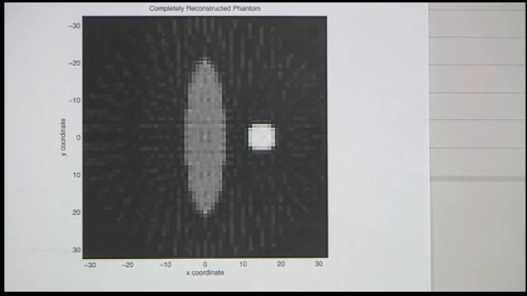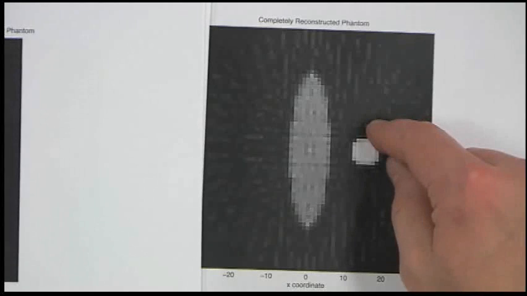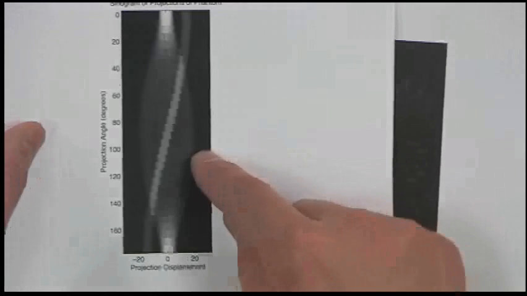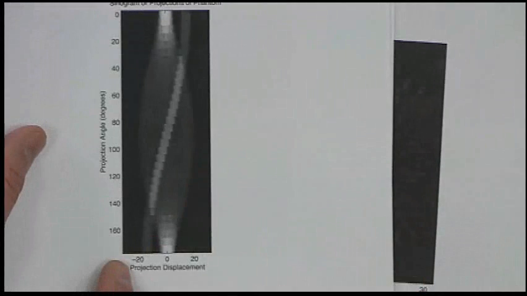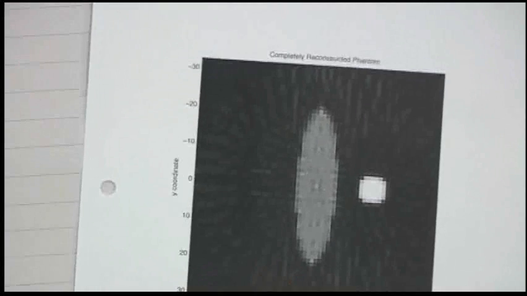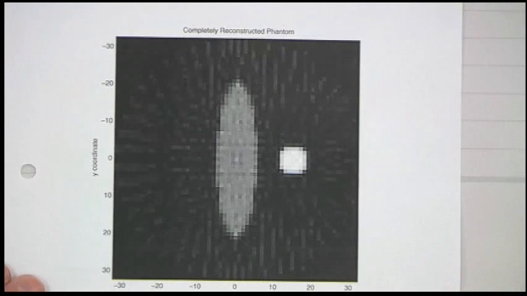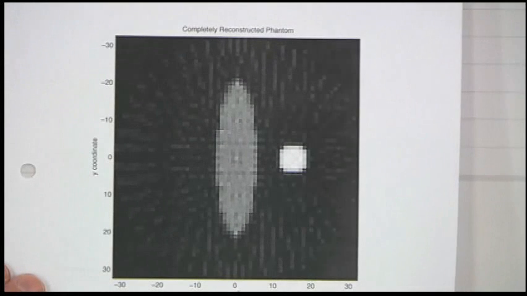So in order to reconstruct a 64 by 64 image from this data, you have about 64 projection displacements and about 64 projection angles. So the number of unknowns is equal to the number of measurements. Any questions about that then?